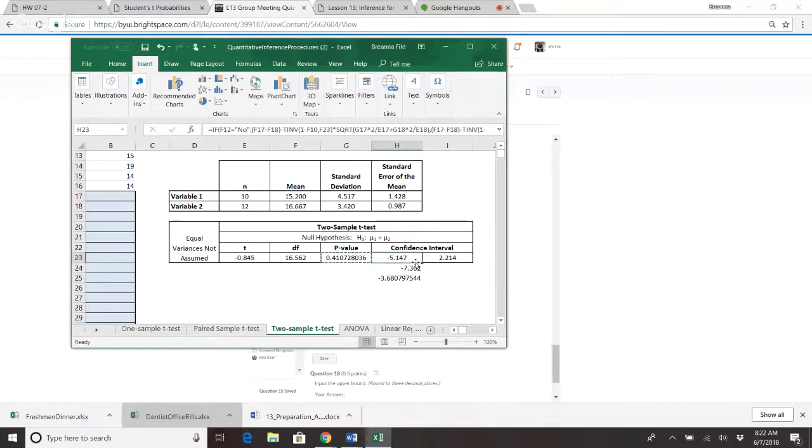Wow, how do we do that? Because these are both negative numbers. I mean, it's going to turn into both negative numbers, right? Yeah, I got negative 5.147 minus 2.214, which gets negative 7.362, which then makes negative 3.681 divided by 2. Yeah. I wrote down the formula when we watched the video.